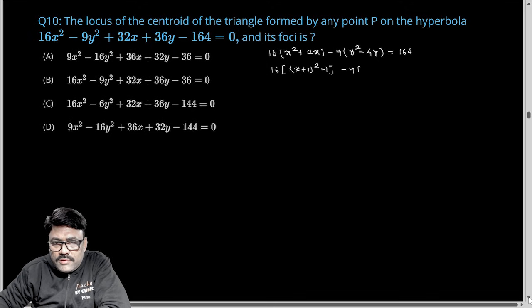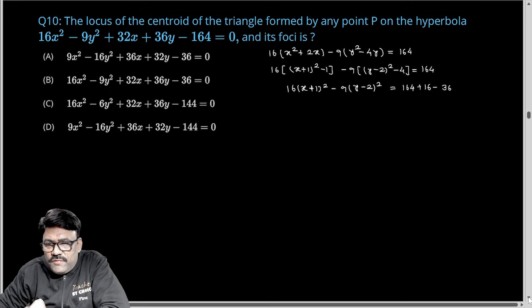Then 9 times y minus 2 whole square minus 4. So I'm getting 16 times x plus 1 square minus 9 times y minus 2 square is 164 plus 16 minus 36. And this 164 plus 16 is 180 minus 36 is 144.